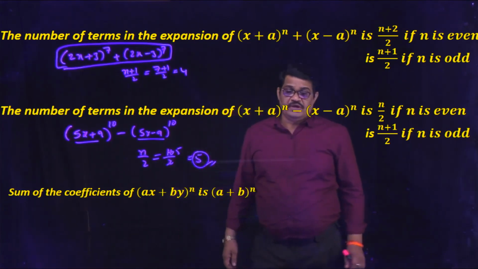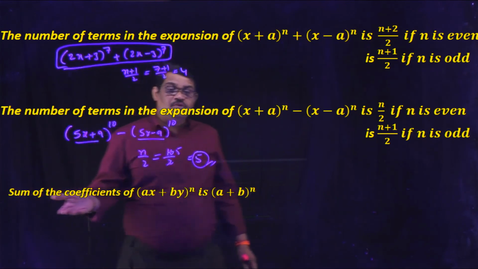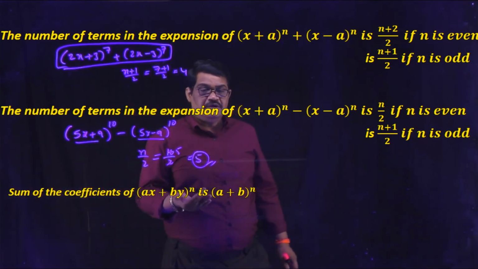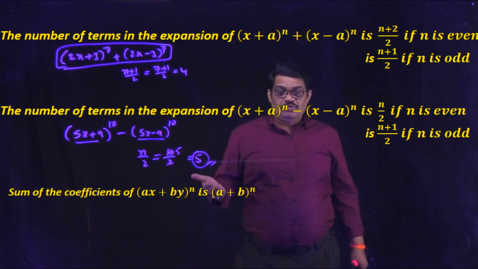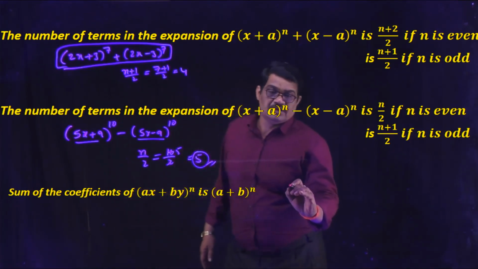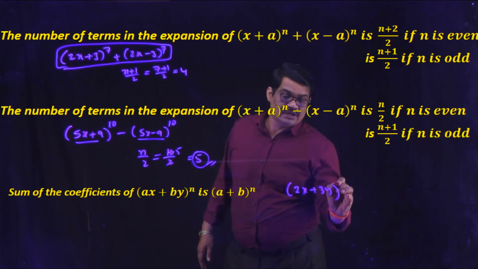Okay, another formula. The sum of the coefficients of (ax + by)^n is (a + b)^n. Now in this expansion, suppose we have (2x + 3y)^5.